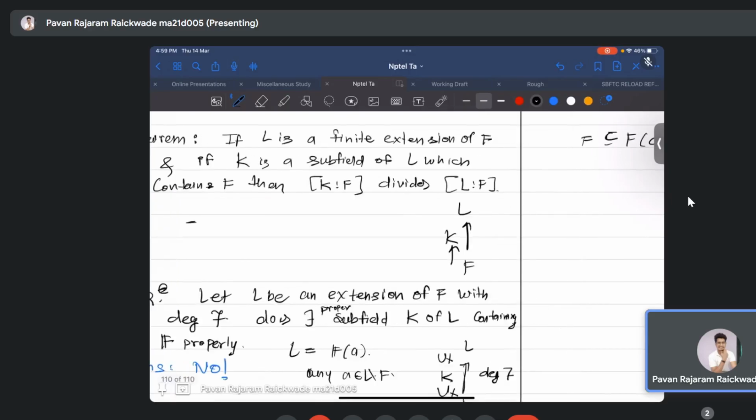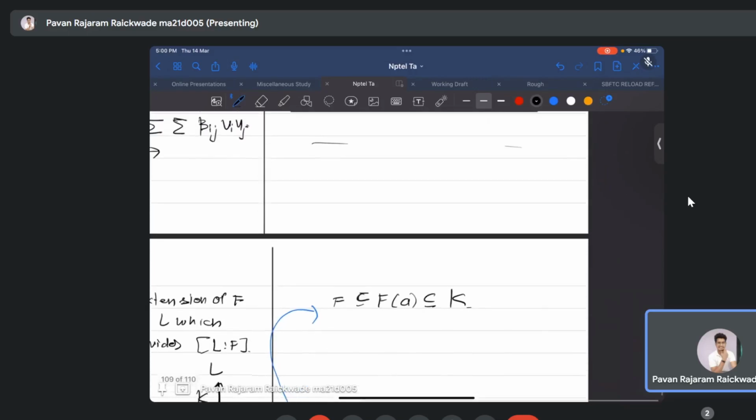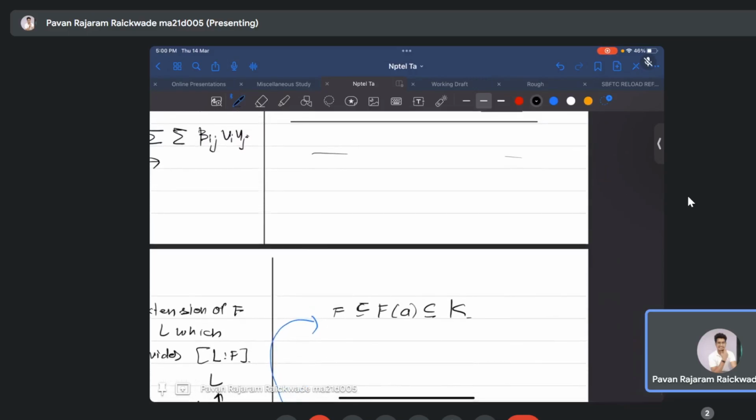If it is not the same, it is a proper subfield, but then you don't have a proper subfield. Hence L has to be equal to F(a). So this is an observation that we did later on. This is coming from here. This cannot happen, that's what I was saying. So this is called a field adjunction with a.